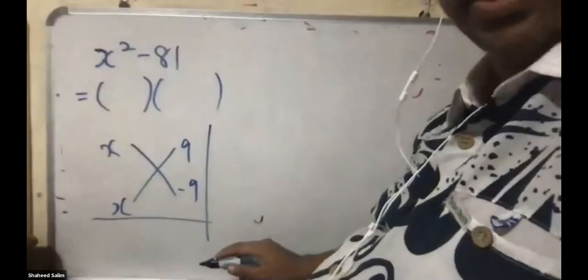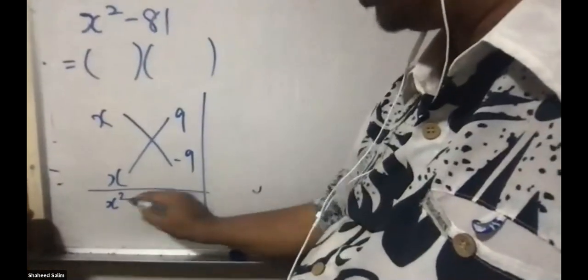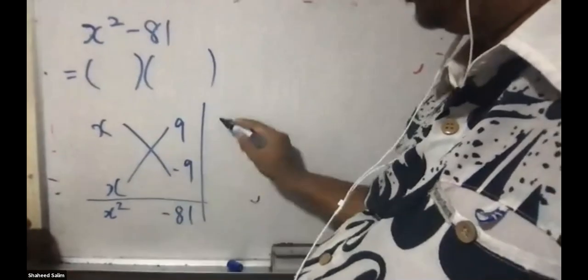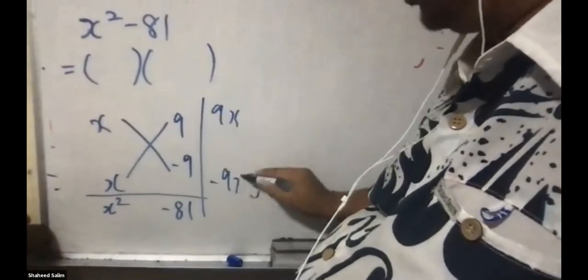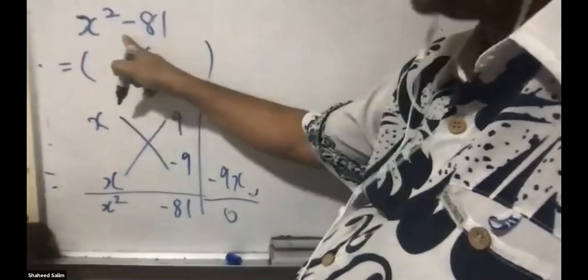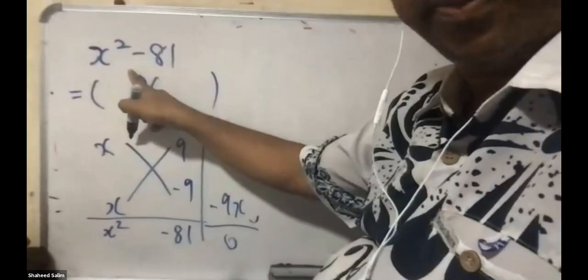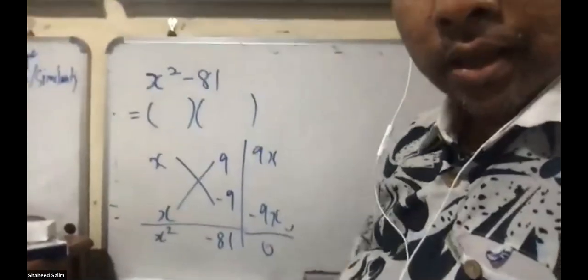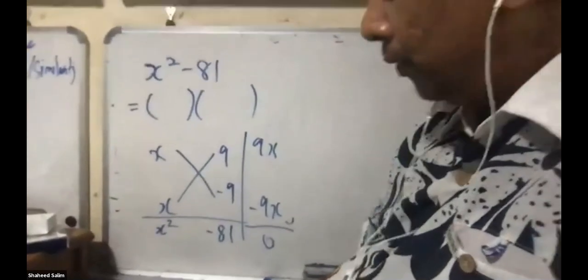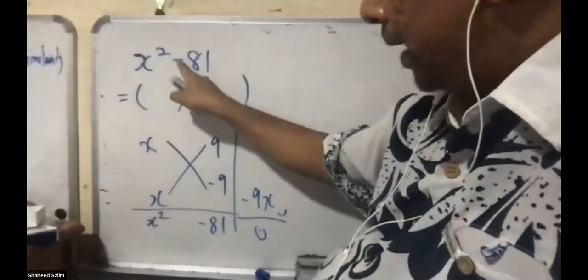Can you see now? Here, this one. So x times x is x squared. This one minus 81. 9x minus 9x. So the center is 0. That's why there's no center term. But don't need to do long cut. Okay, Inshira and Shafi and Akila. First of all, you ask, must this be minus first?